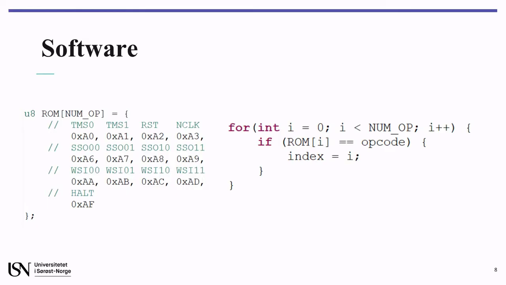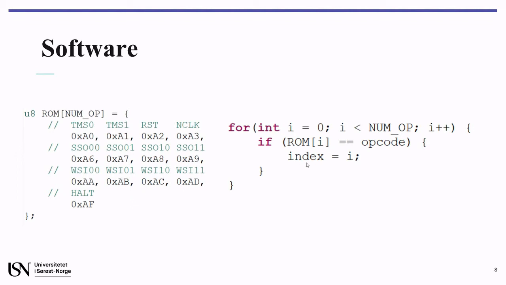In regards to the software implementation of the boundary scan test controller, we implemented various instructions used in the TAP controller. First, we had to declare the different instruction codes or opcodes to determine which instructions we want to use. This can be seen here, where we simply created an unsigned 8-bit ROM array variable, which works as a read-only memory for finding instructions.